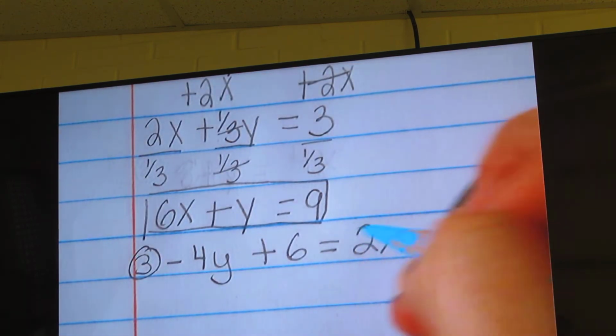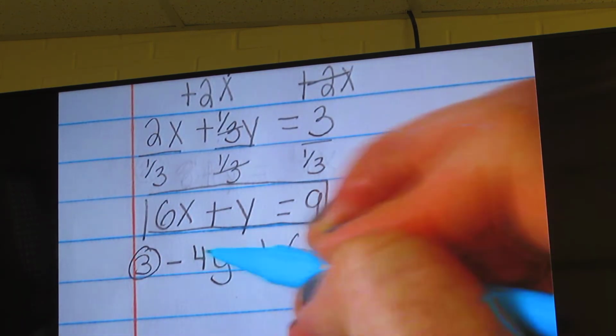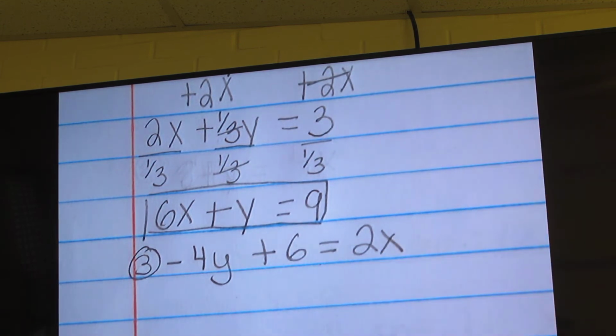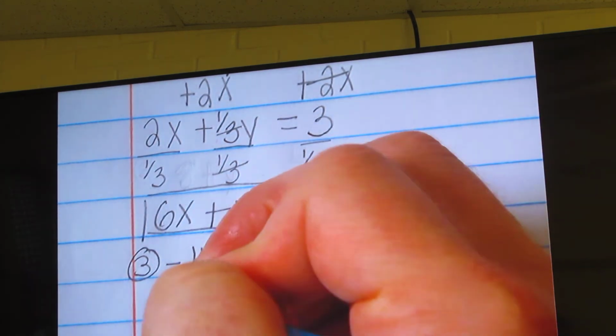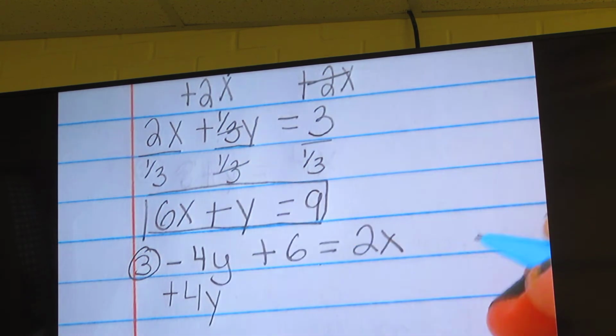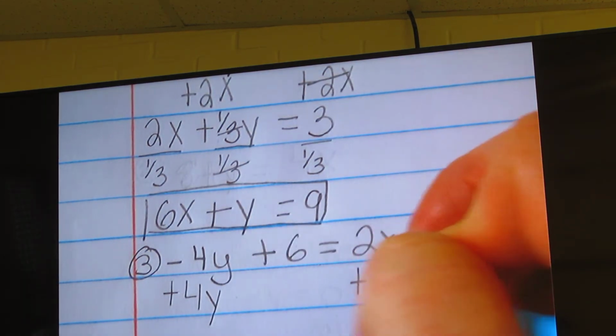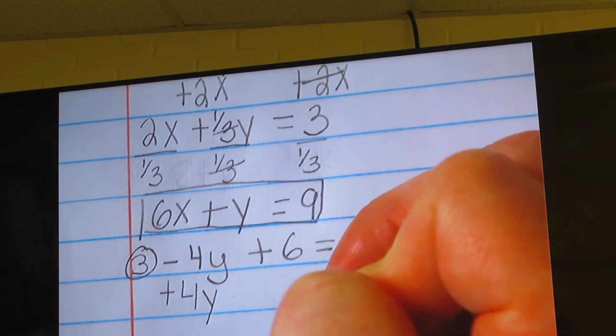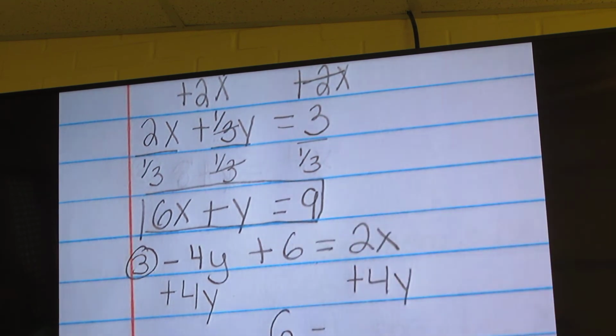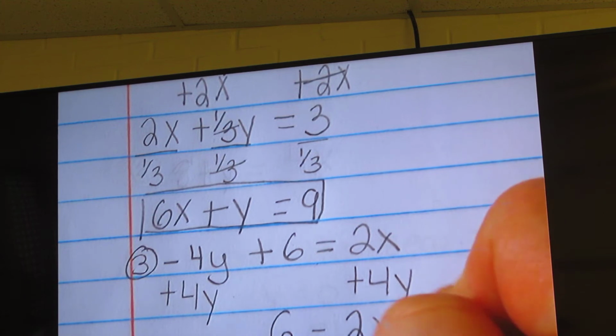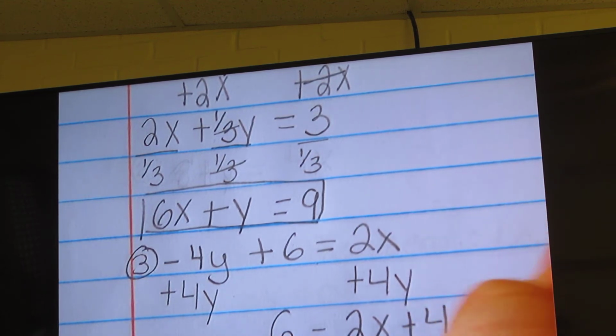Looking at number 3. I think the process for number 3 would be the same as number 2. Just go ahead and move that 4y term. If it's a -4y, then we add 4y. So we're left with 6 is equal to, and make sure your x term is going to come first, and then your y term.